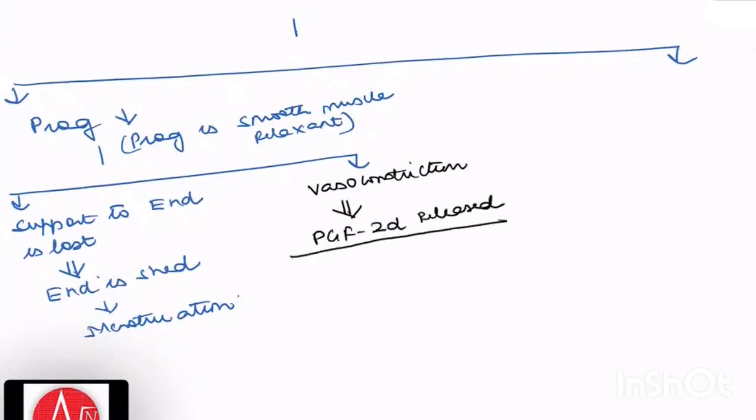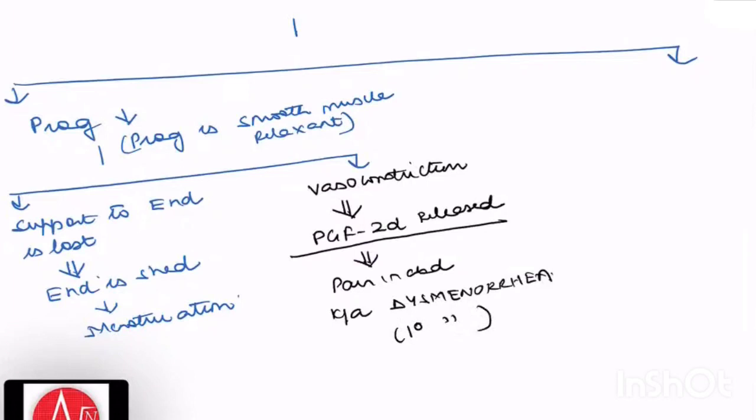And इस PGF2 alpha की वजह से there will be pain in abdomen which is called dysmenorrhea. So pain at the time of menstruation is called dysmenorrhea. This is primary dysmenorrhea. Yes?